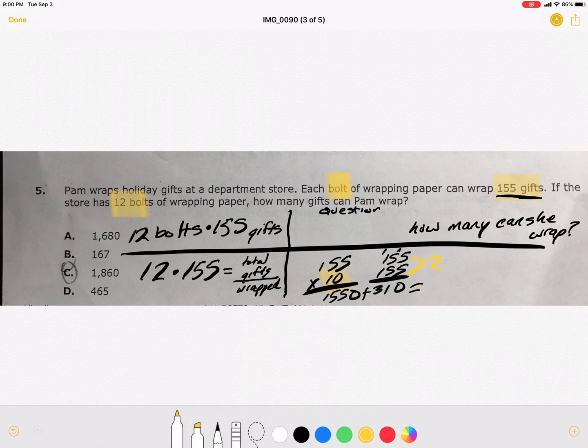So 1,550 plus 310 is 1,860. Booyah. Done.